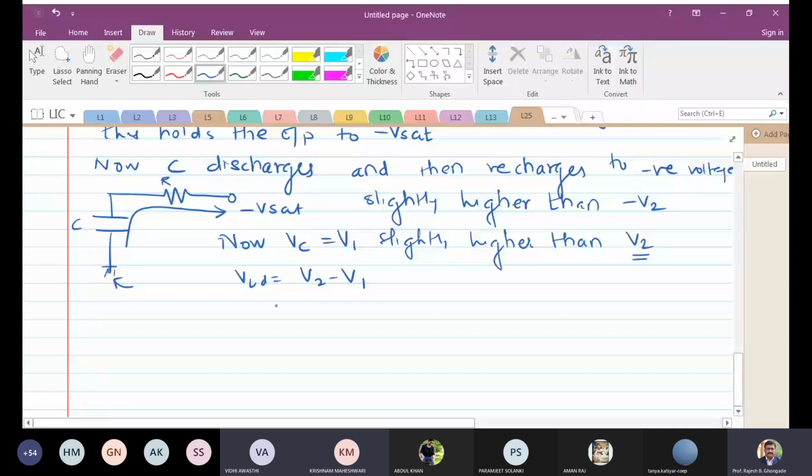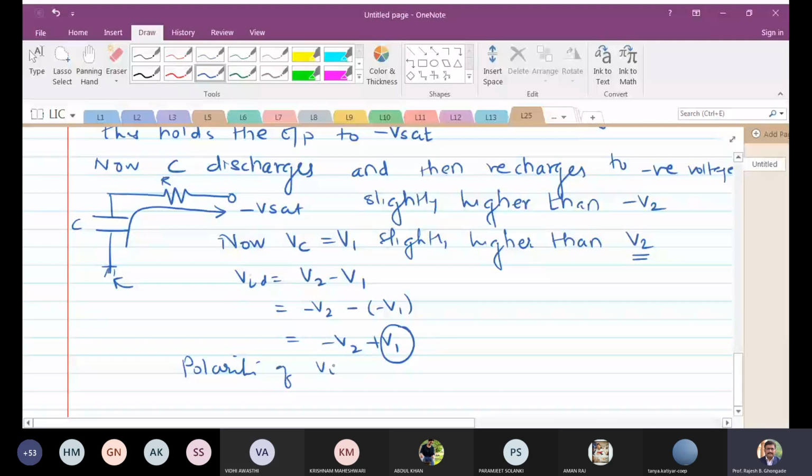V2 is already negative, and V1 is more negative than that. So V2 minus of minus V1, so it will be minus V2 plus V1. And we have said that V1 is slightly higher than V2. So what is the net polarity of VID? Positive. Yes, polarity of VID is positive.